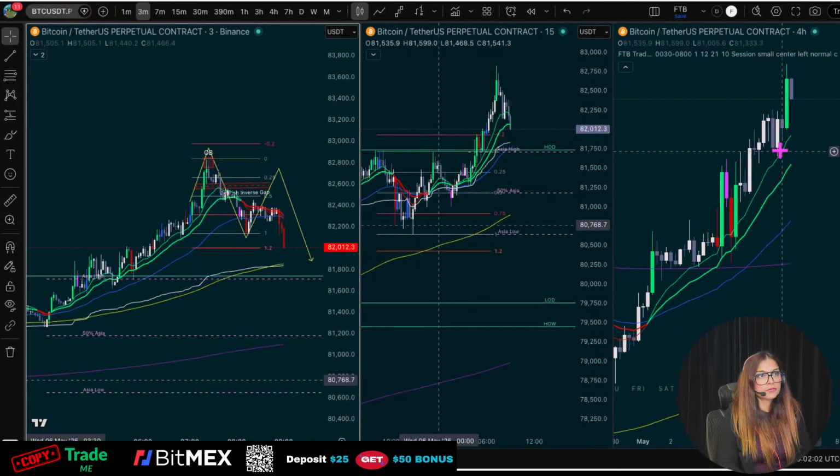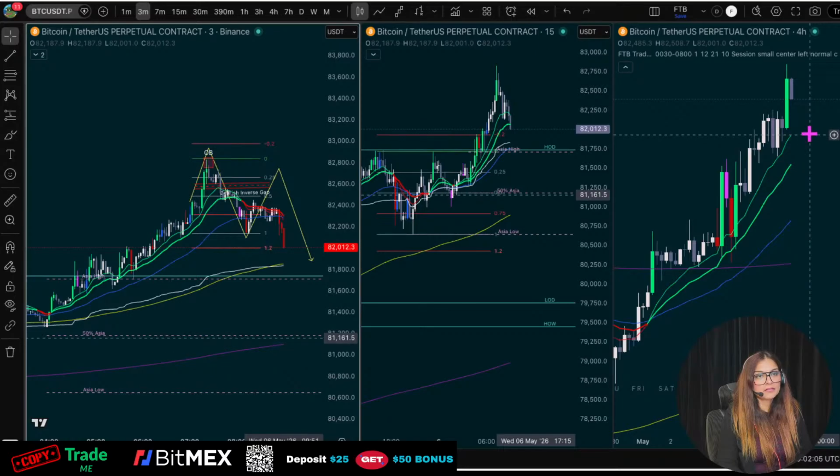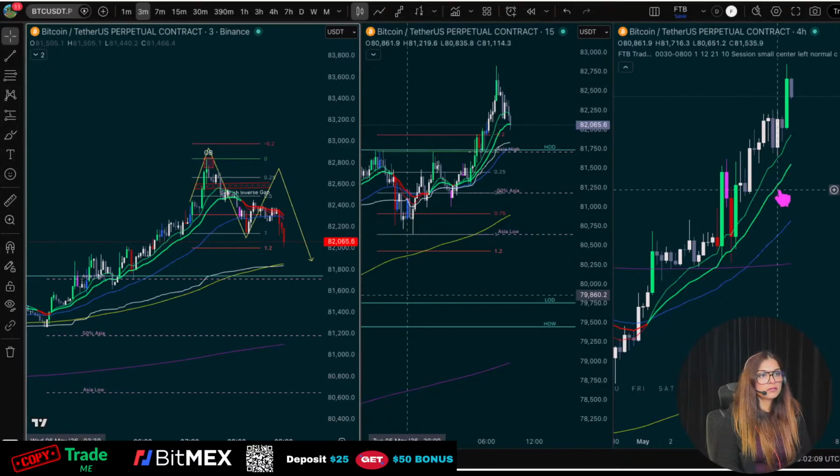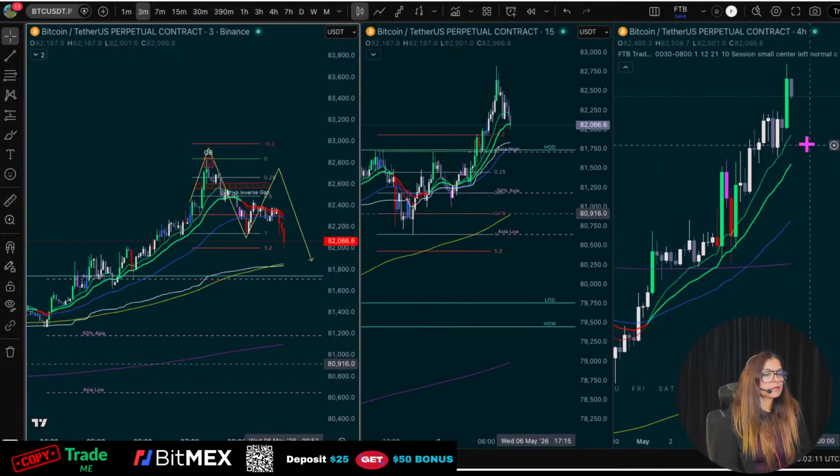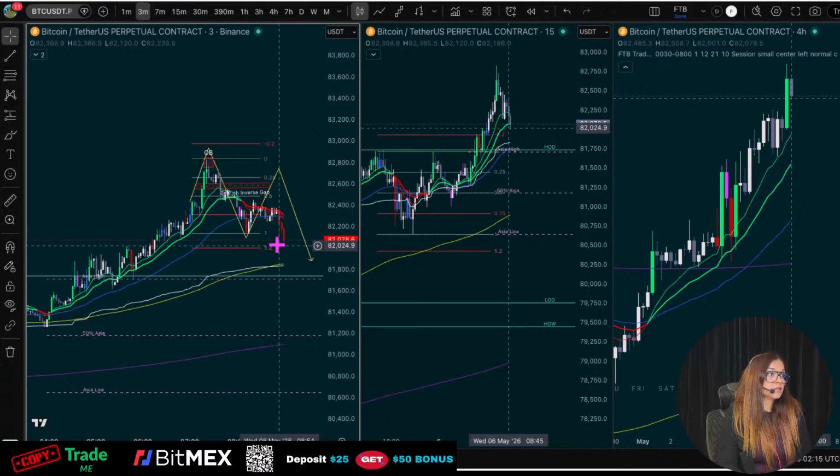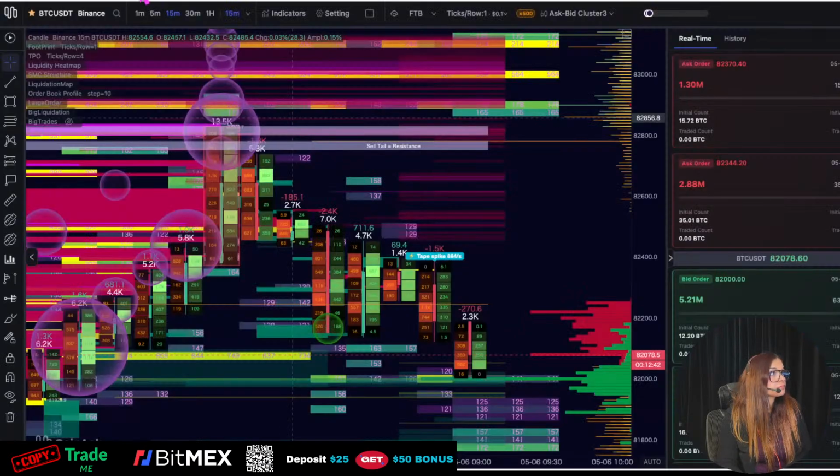Yeah, so on the 4-hour chart, that would be the 12 EMA right here. These bands are the 12 and 21 EMA. So I'll expect a sweep of that. Is it going to happen? I don't know. Let's see.